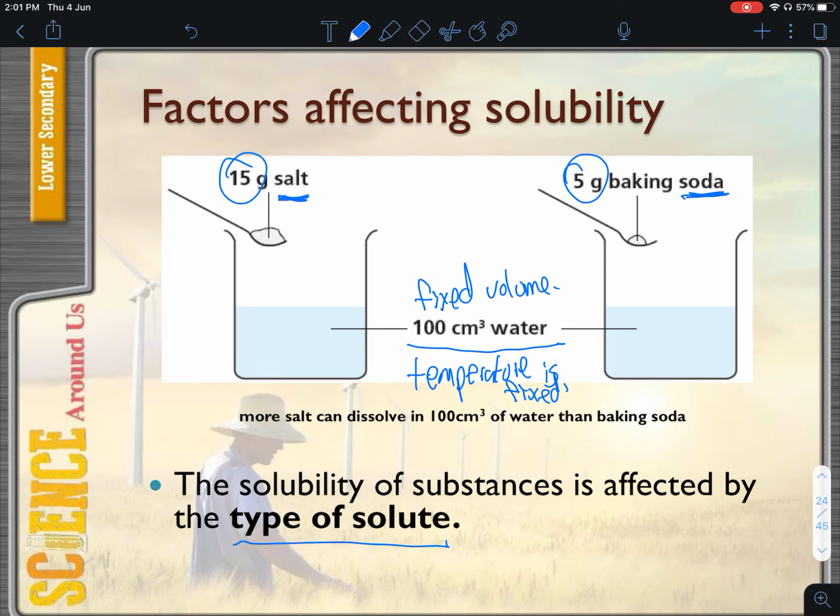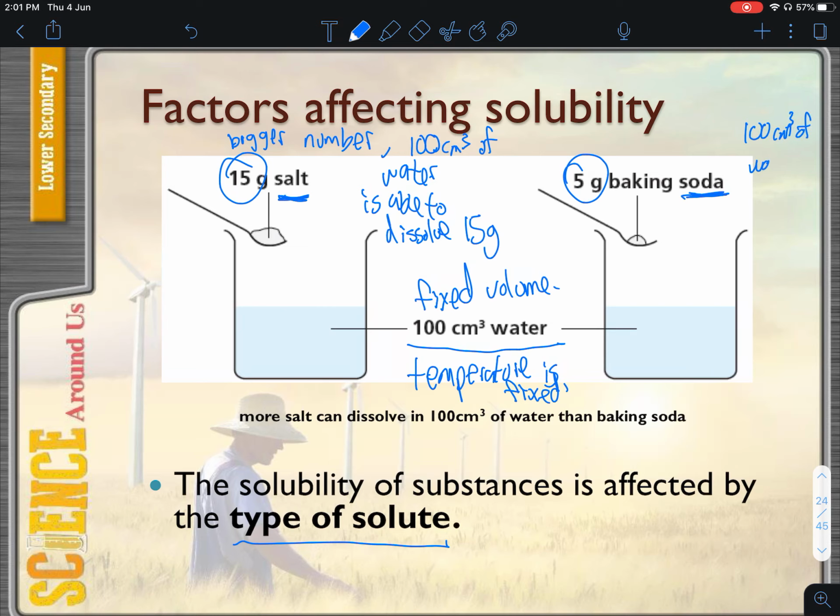Having a bigger number here means that 100 cm cube of water is able to dissolve 15 grams of the solid, while down here 100 cm cube of water is able to dissolve a lesser mass of solid. So in this case, salt is actually more soluble than baking soda.